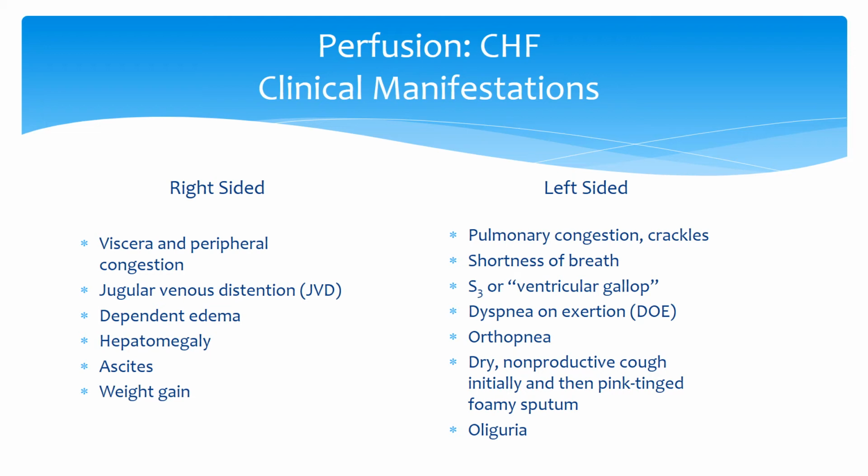It's going to be sluggish. So it's going to go where? It'll backflow to the left ventricle, back up to the left atrium. A lot of times we're going to see systemic signs and symptoms. If you see here, you'll see peripheral congestion, you'll see JVD, which is jugular vein distension.